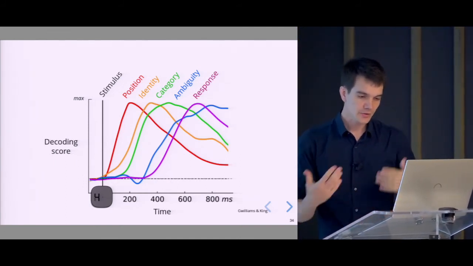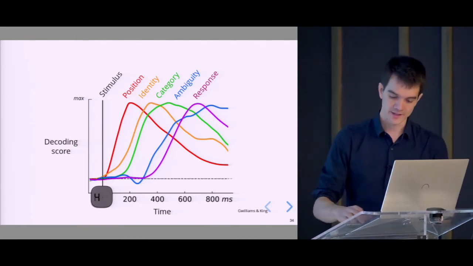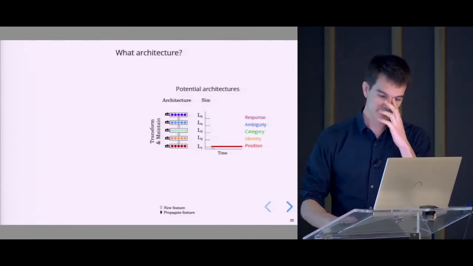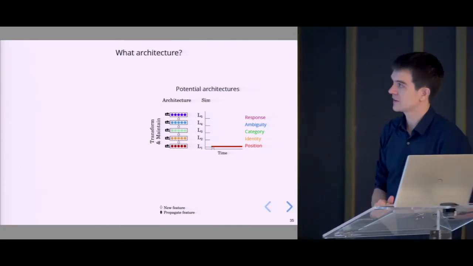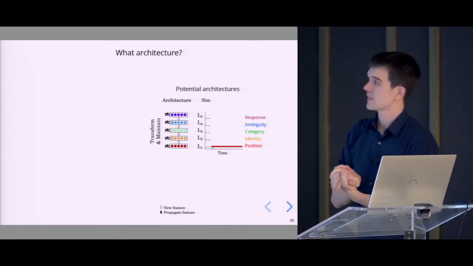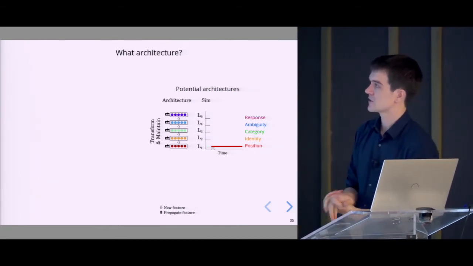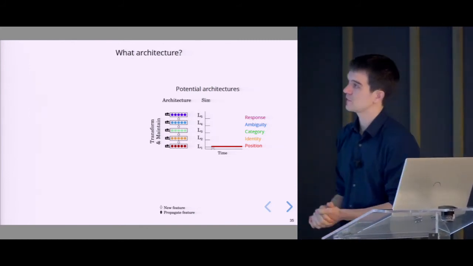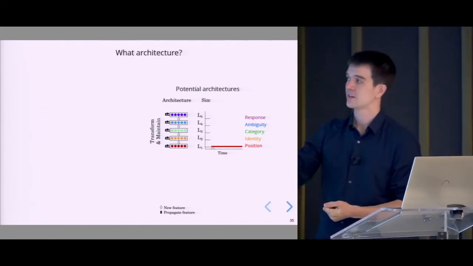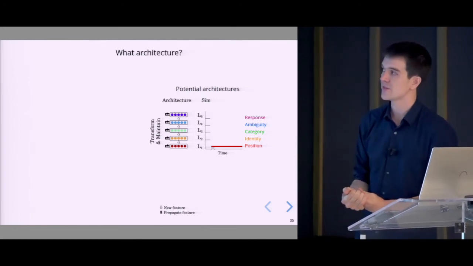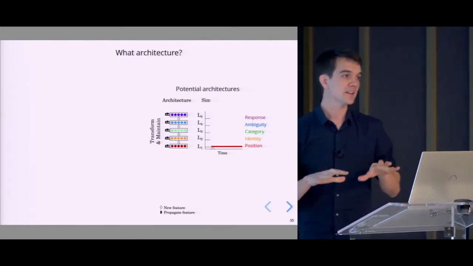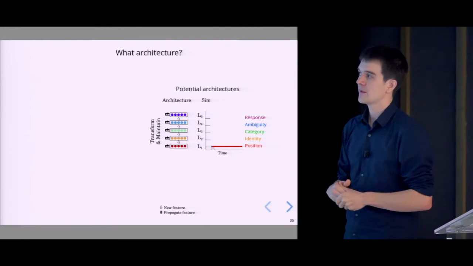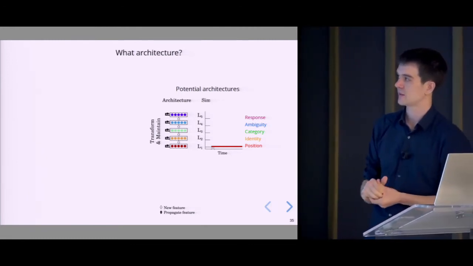And so it doesn't really tell us about the underlying architecture. And we can think of a bunch of different architectures. Let's take very simple cases just for the sake of the argument. Here is a feed-forward network where we add recurrent connections within each processing stage solely to maintain information. So there is no transformation of a representation via recurrence.